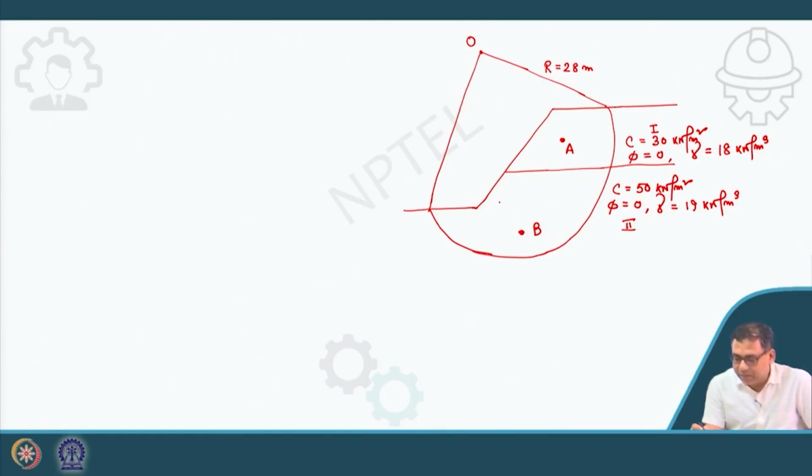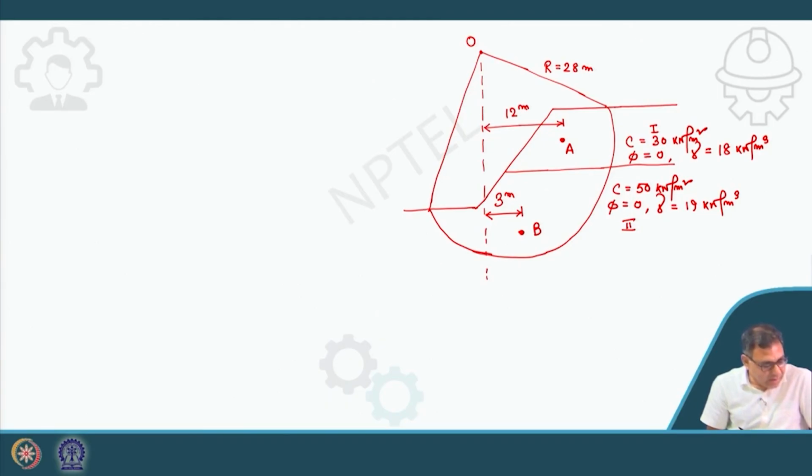Now the horizontal distance of these two centroids from the central line: for B it is 3 meter, and for A it is 12 meter.